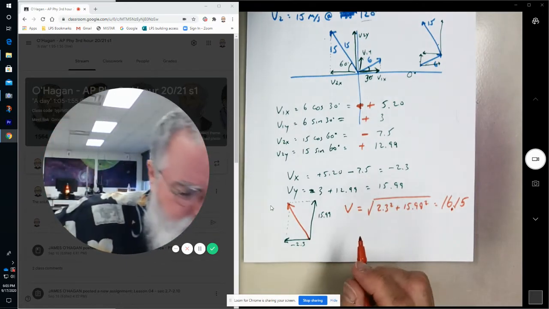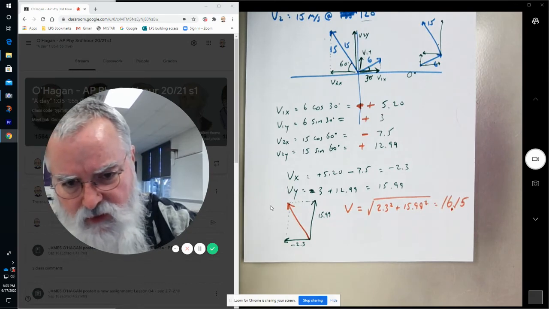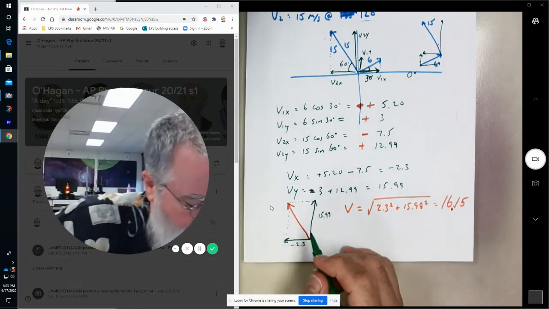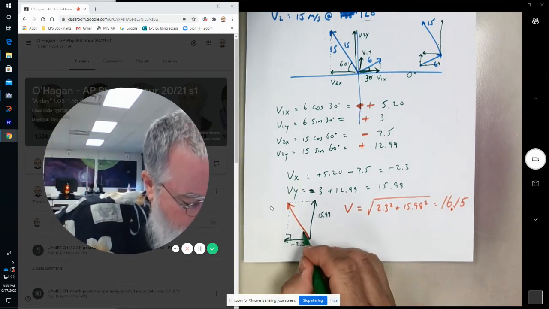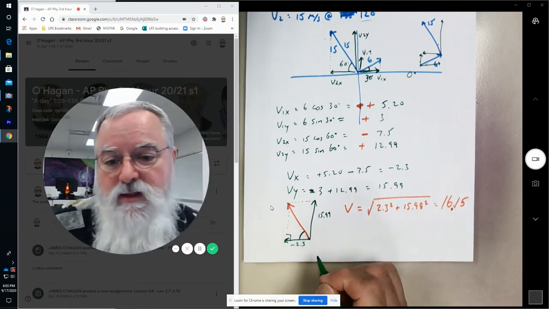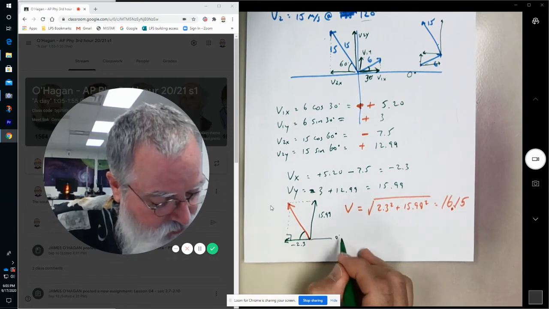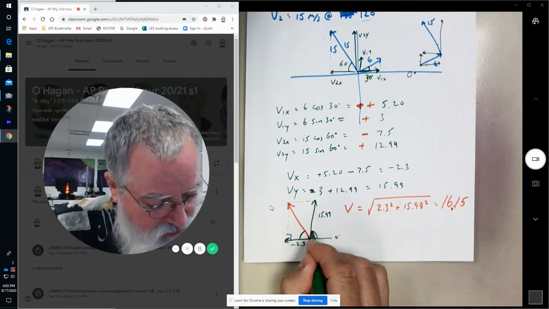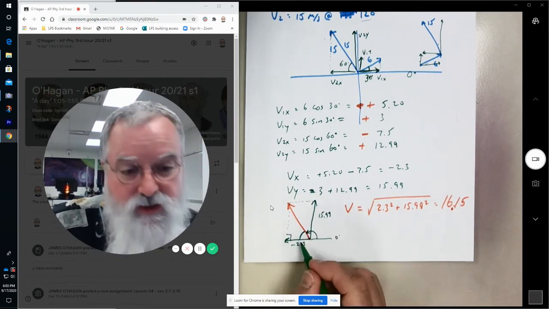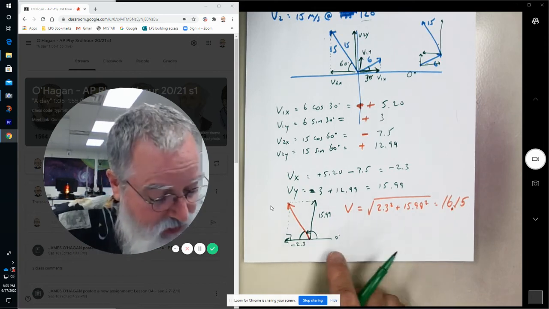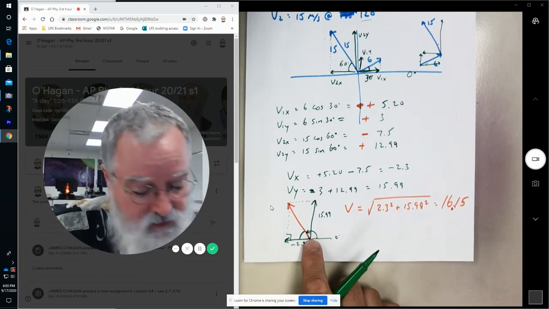Okay, now for the angle. All right, I'm going to do the angle in green, and I'm going to come back to it. Here's my right triangle. That's the angle I can solve for easily, but that is not the angle I want. Over here is the 0 degrees. I need this angle. So we're going to solve for the one we can solve for, then you got to do a little work to get the one you actually want.